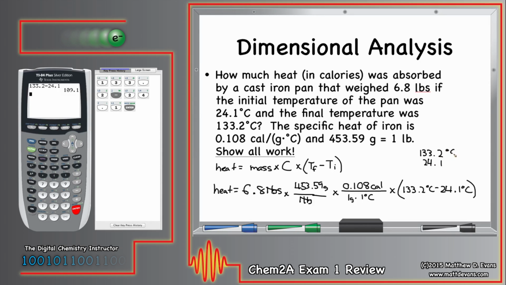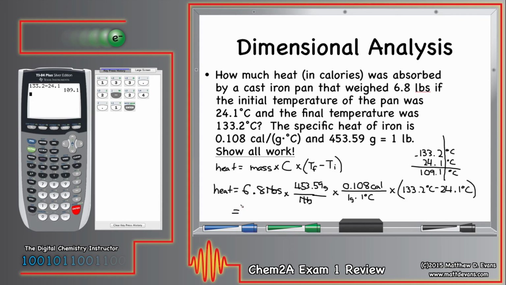These are both in degrees Celsius. And the calculator says 109.1 degrees Celsius. And that is the proper number of sig figs for this. Remember, the rules are different. Despite the fact that this is 3 sig figs, we drop that line, we get 4 sig figs this time.